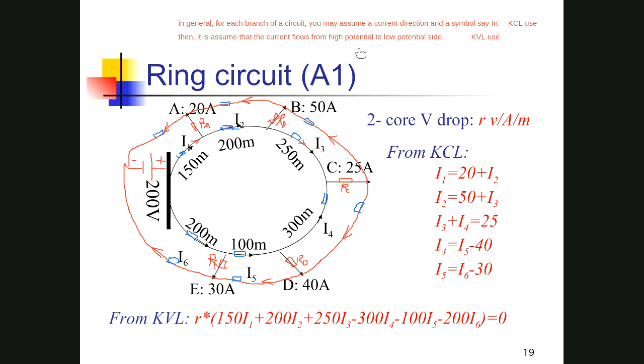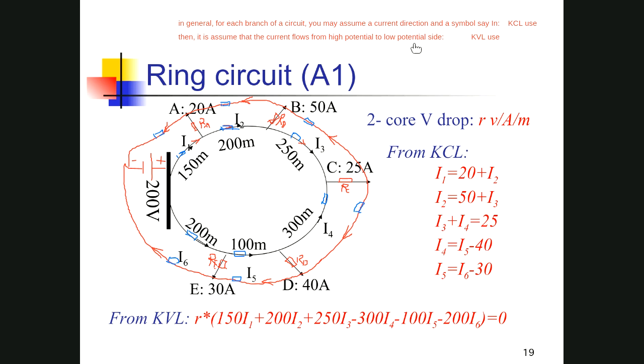Then, once you assume the current directions, you should also assume that the current flows from high potential to low potential side. Looking at the current direction, suppose the current flows from the higher potential side to the lower potential side.